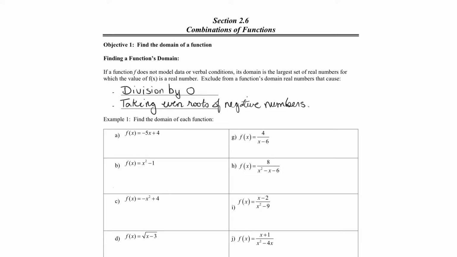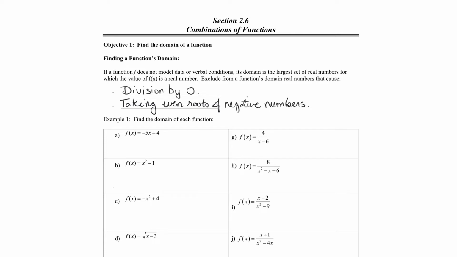Because division by zero is undefined, and taking even roots of negative numbers results in imaginary solutions, right? And we don't want either one of those things to happen because those aren't going to be real numbers.